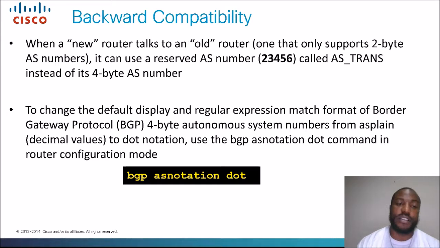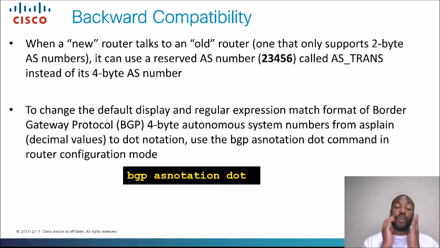So let's say you have a router that supports both the 4-byte AS numbers and the 2-byte AS numbers, right? That will be routers that have the newer IOS, right? And it's trying to speak to a BGP peer that only supports the 2-byte AS numbers, right?